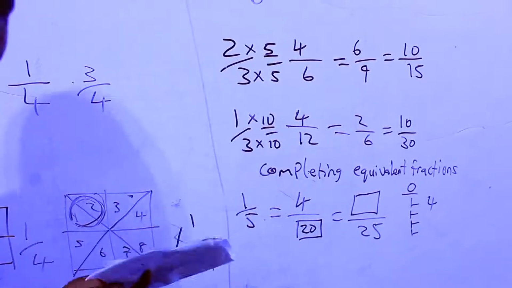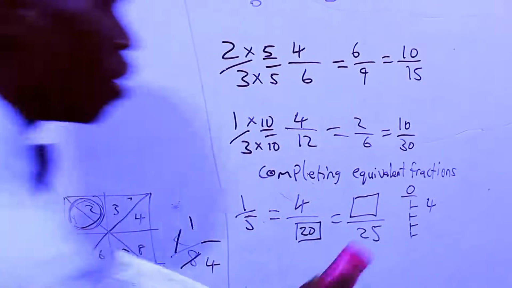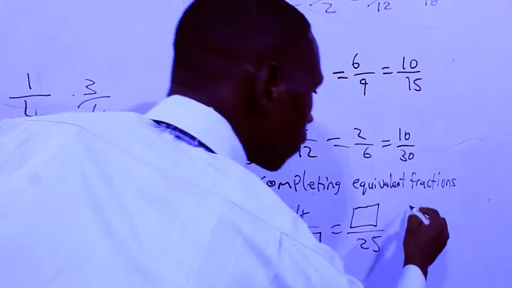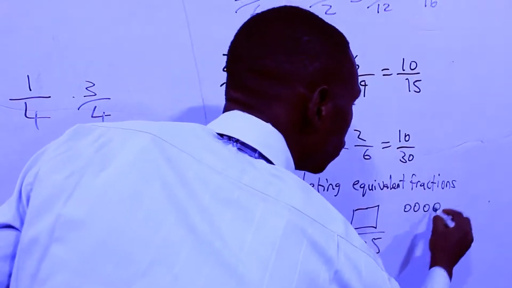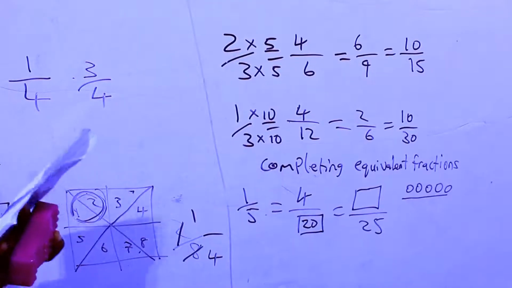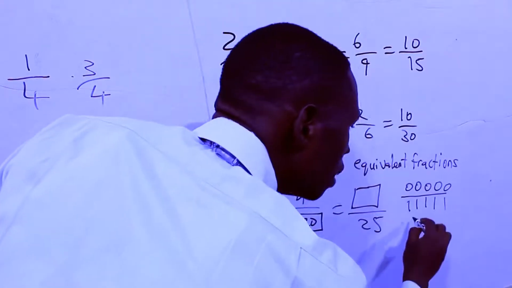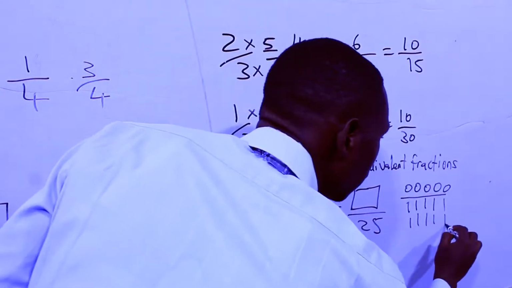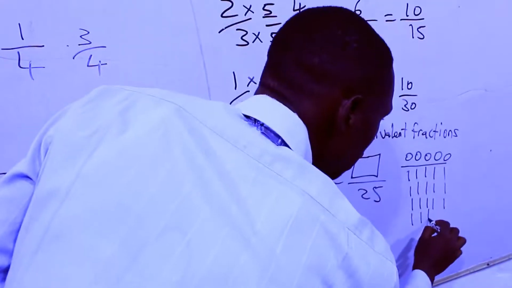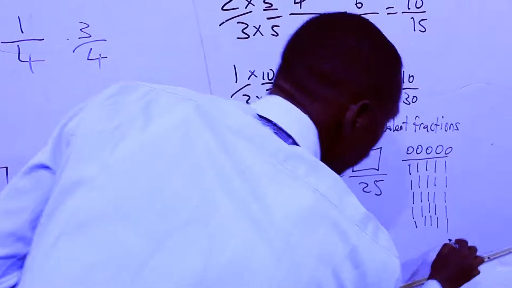How can we do that? We'll divide. That is called division. We'll get 5 stones and share 25 things. 1, 2, 3, 4, 5, 6, 7, 8, 9, 10, 11, 12, 13, 14, 15, 16, 17, 18, 19, 20, 21, 22, 23, 24, 25.